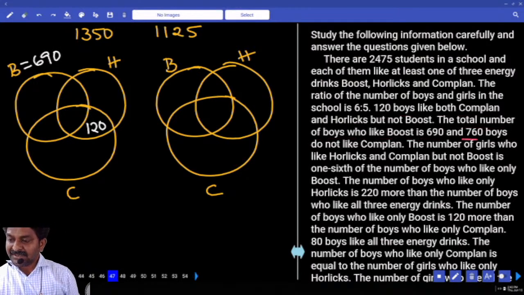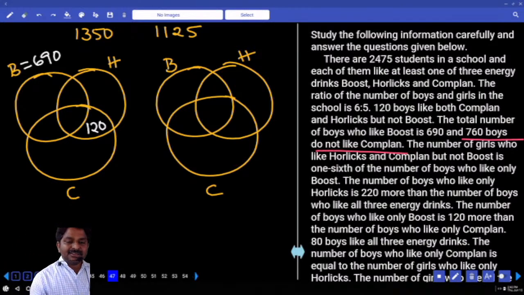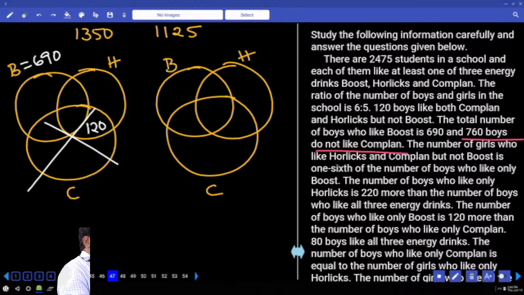And 760 boys do not like Complan. Those who do not like Complan, in the sense, Complan should not be there. That means how many areas are there? 3 areas, correct? Those 3 together make 760, correct? So out of total how many?